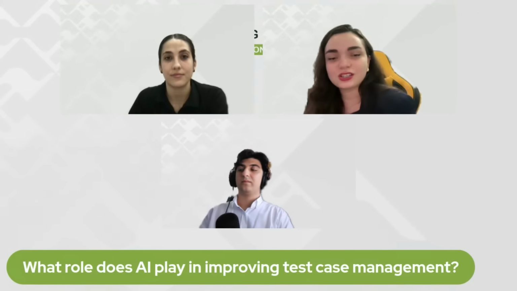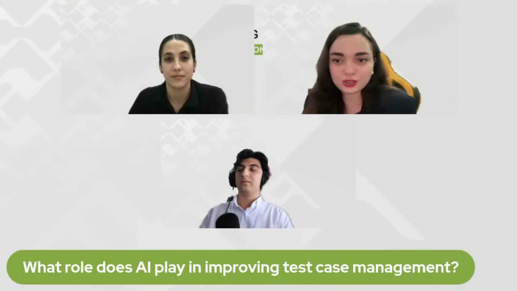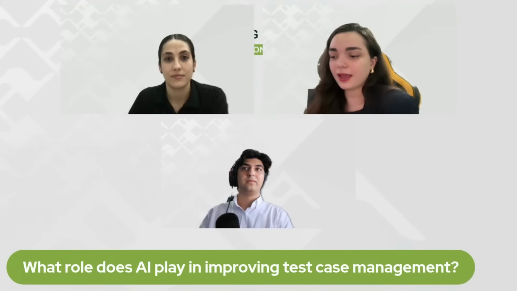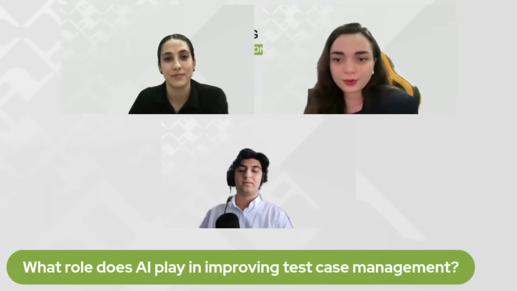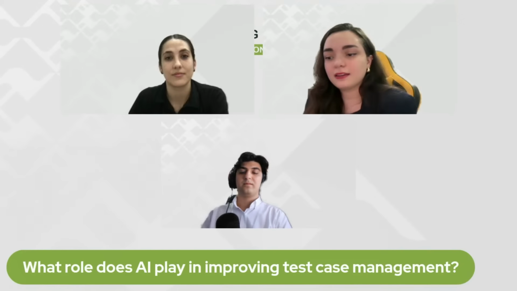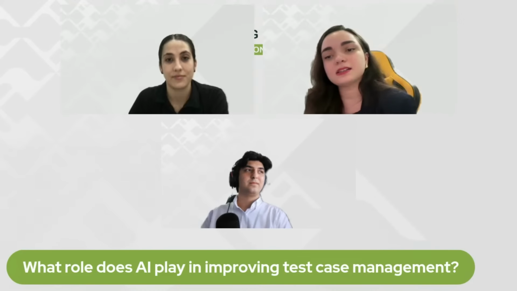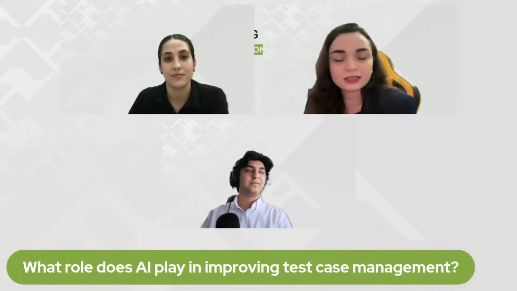What has changed? What should we pay attention to? Should we maybe archive those test cases, or fully erase them? And yes, so basically, with updating test cases, AI is helping us a lot.